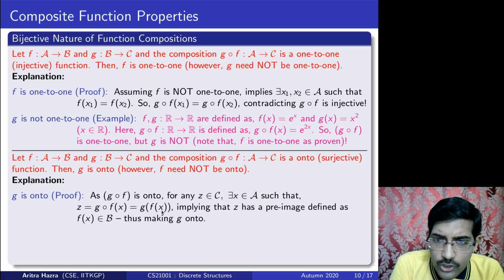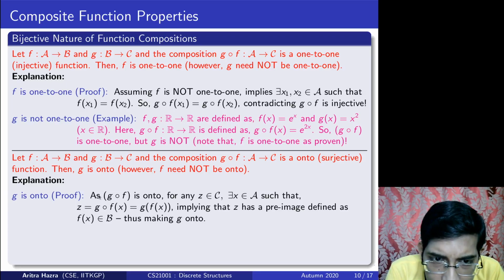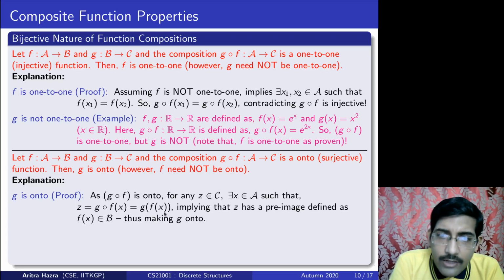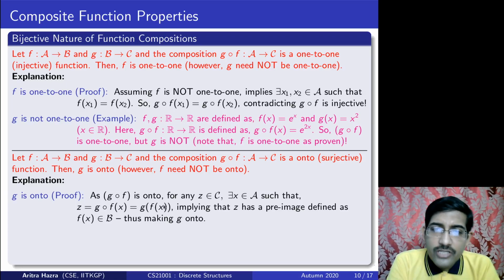Now if z equals g of f(x), it implies that z has a pre-image f(x) for g. So for every z I have an f(x) for g. What is f(x)? It is just a pre-image from the set B. So therefore g is onto.